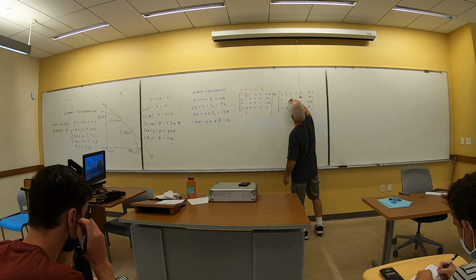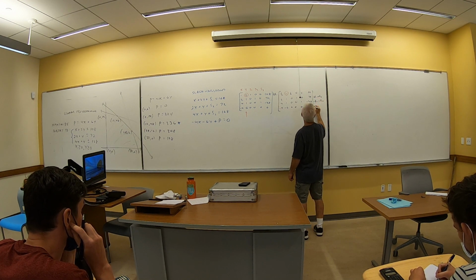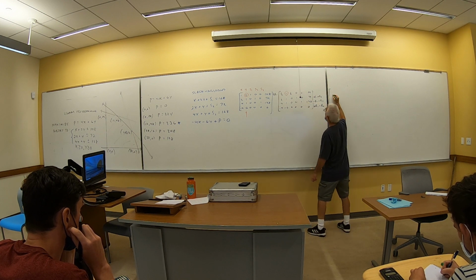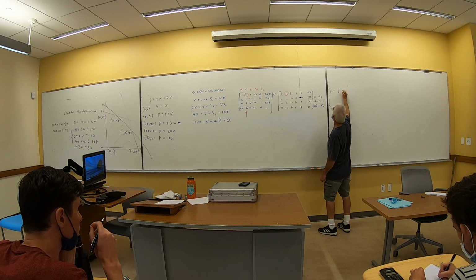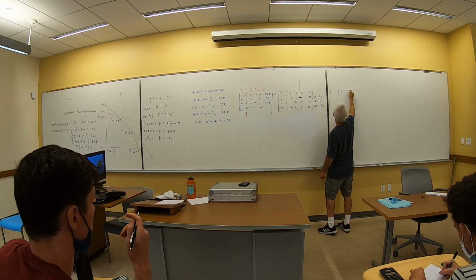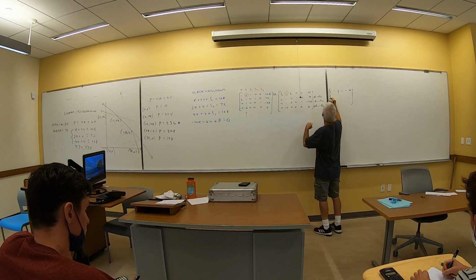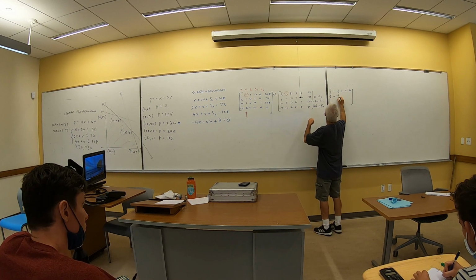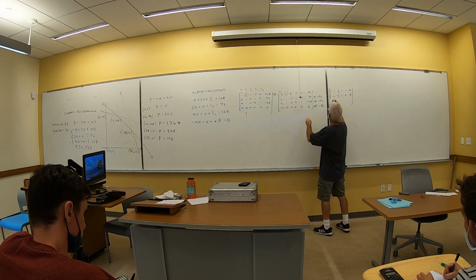So I want to put zeros below it. So how about negative row 1 plus row 2, negative row 1 plus row 3, and 6 row 1 plus row 4. Now, negatives would be 3 halves, 0, negative a half, 1, 0, 18.